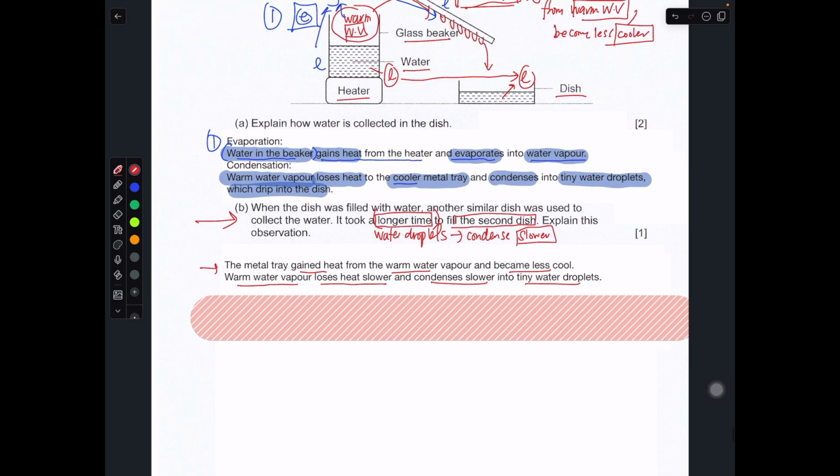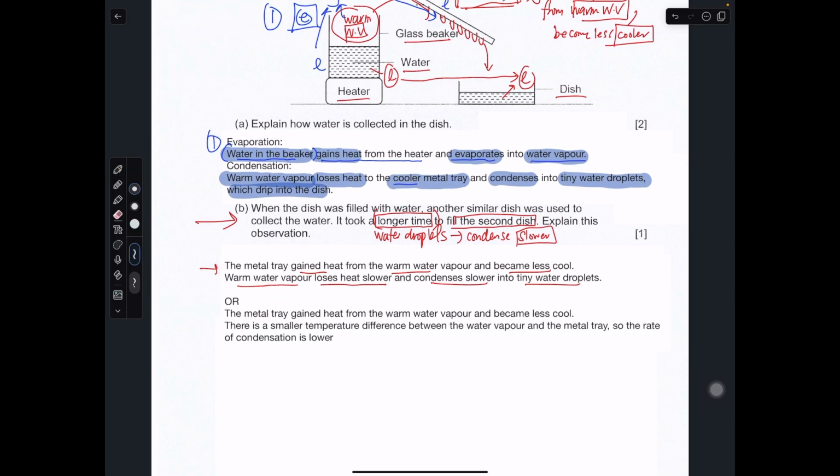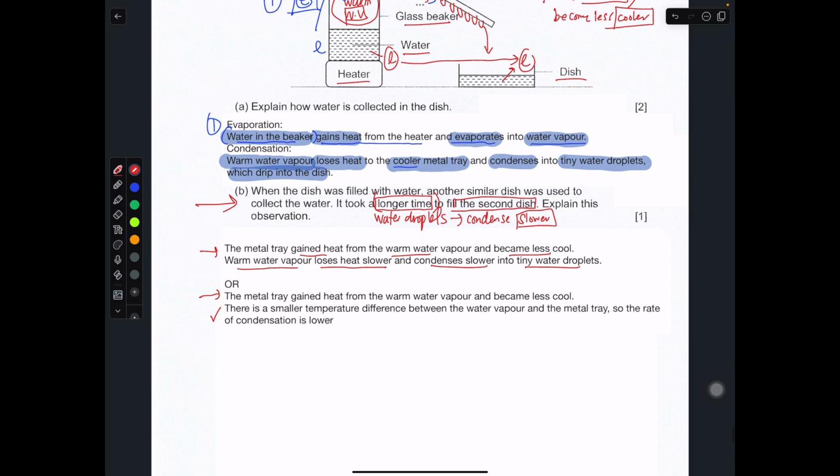Okay, so another way is to state this part. This part will be a better explanation, but sometimes it's a bit hard for you to come up with this. Okay, so same thing, the metal tray gains heat from the warm water vapor and becomes less cool. So trying to say the temperature of the metal tray increases. So because of this, there's a smaller temperature difference between the water vapor as well as the metal tray. So the rate of condensation is lower. So one of the factors that affect the rate of condensation will be your temperature difference.